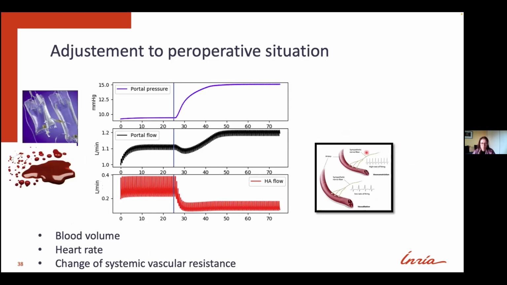care really about. And we had to change our model on the fly because we saw that what mattered also is what's happening during the operation in terms of blood loss, infusion of fluids, and change of systemic vascular resistance due to the surgeon's action on the vessels.